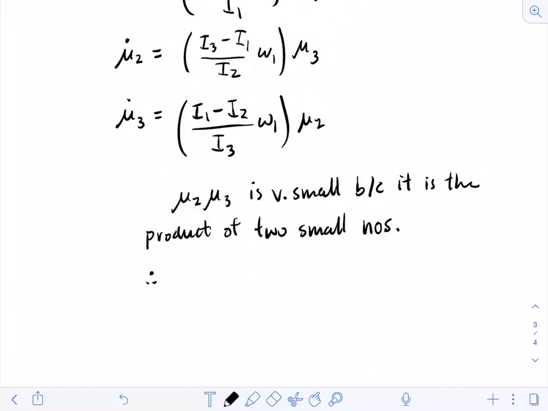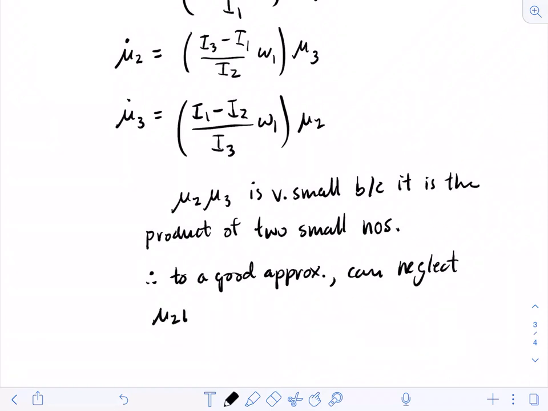So, to a good approximation, we can neglect mu 2 times mu 3, such that the first equation becomes omega 1 dot is approximately 0, or omega 1 is equal to a constant.